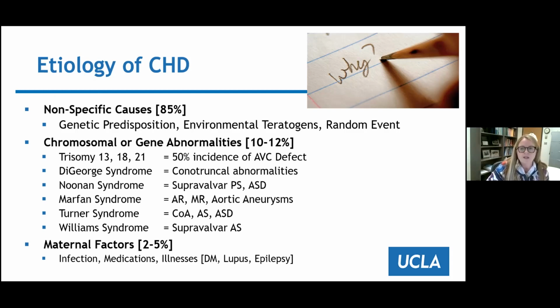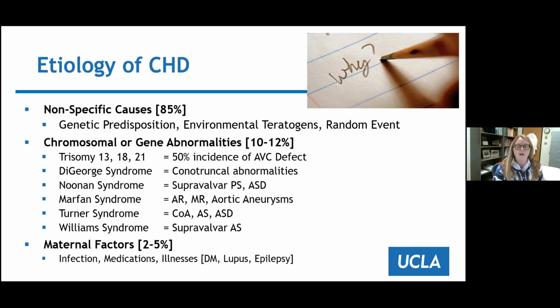And then only about 2 to 5% are really what we consider maternal factors. And those can be infections that may occur during pregnancy, medications that the mother may be on. Most likely we see congenital heart disease in mothers that have seizure disorders that are on anti-epileptic medications such as Dilantin and valproic acid.